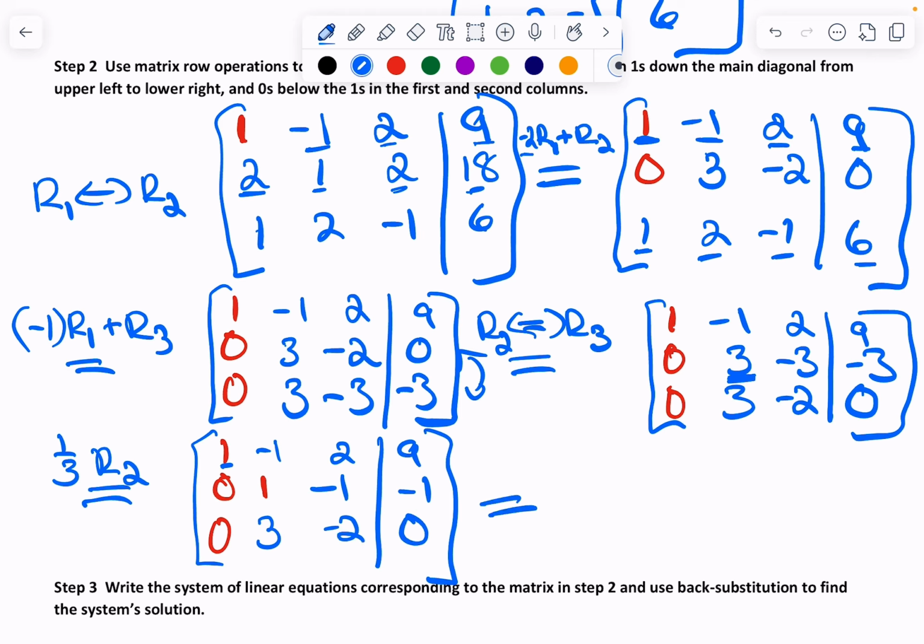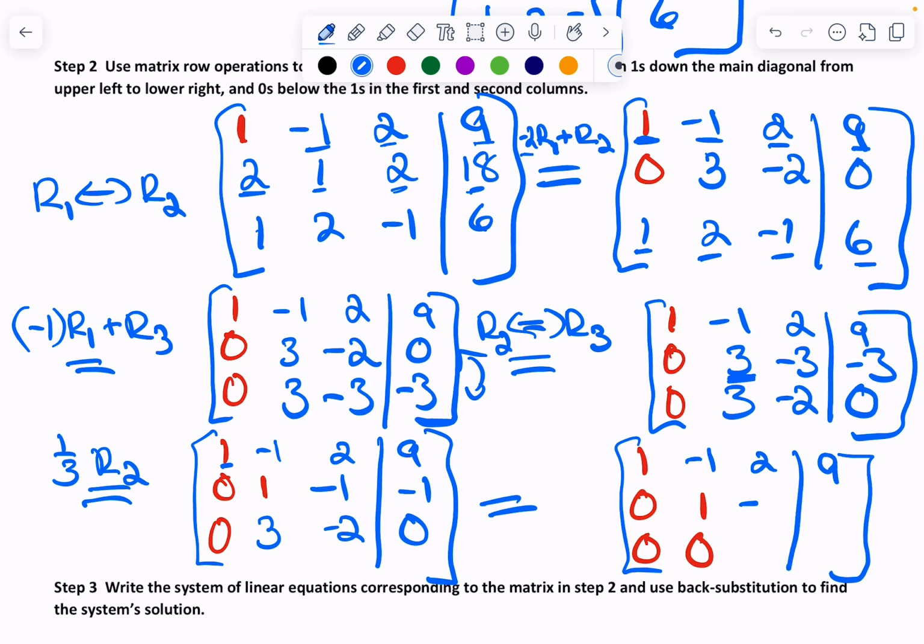Now, next thing we have, so we have a 1, 0, 0. We have a 1. Our goal is to get a 0 in the second column of the third row. Our first row, we're not touching. That stays the same. We are not touching the second row either because we don't want anything changed in it. Now, when we want a 0 on the third row, we are adding something to the third row.